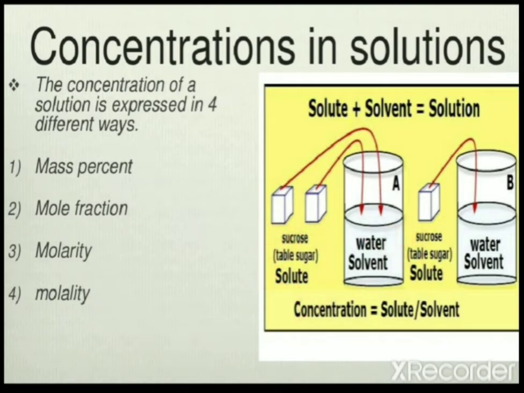Then it forms the sugar solution. Like that, take salt and add it to water, it forms the salt solution. This process is also called concentration. Concentration is the solute divided by the solvent. The solute is what is going to be dissolved and the solvent dissolves the solute, then it forms the solution.